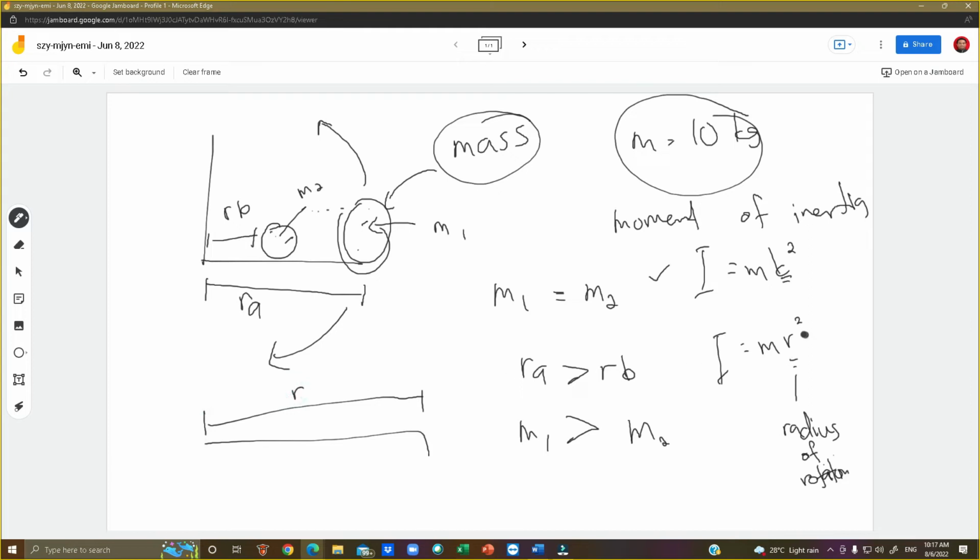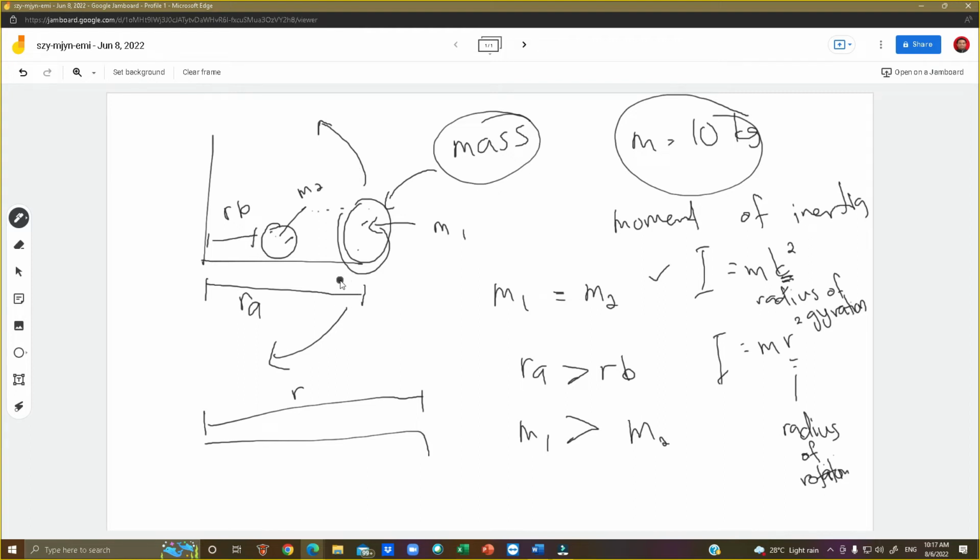R. But in human movement, we always use K, which representing radius of gyration. Okay, dia menunjukkan radius of gyration. So what is radius of gyration? Radius of gyration is still the same.